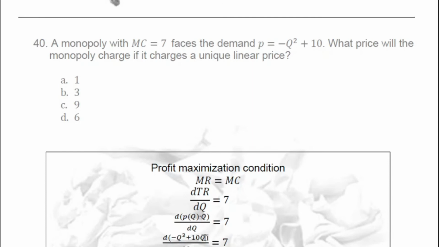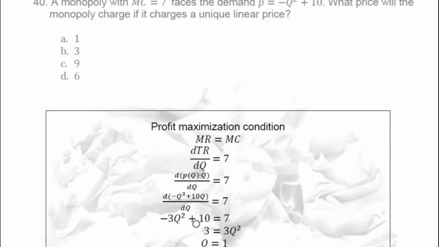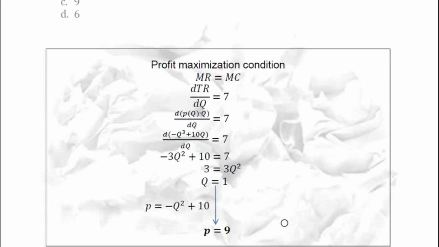And we equalize it to marginal cost, which is 7. So if we differentiate this, it is minus 3q squared plus 10 equal to 7. Then 10 minus 7 is 3 equal to 3q squared. So q equal to 1.